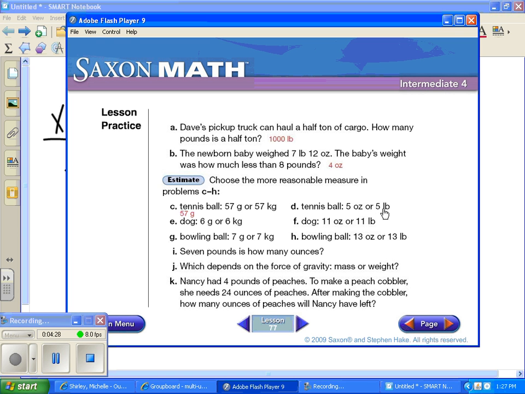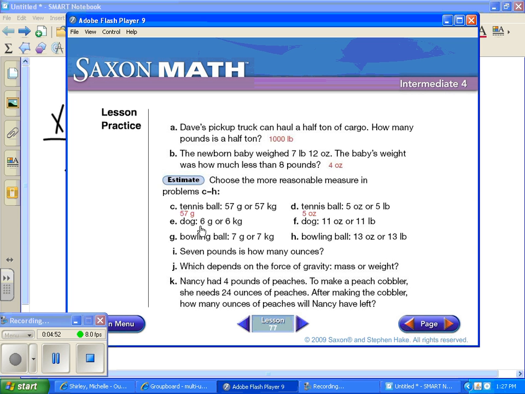If you've ever been grocery shopping with your mom, sugar comes in 5-pound bags, and that's pretty heavy. Would a tennis ball weigh 5 ounces or 5 pounds? Would it weigh the same as a 5-pound bag of sugar? Nope. So it has to be 5 ounces.